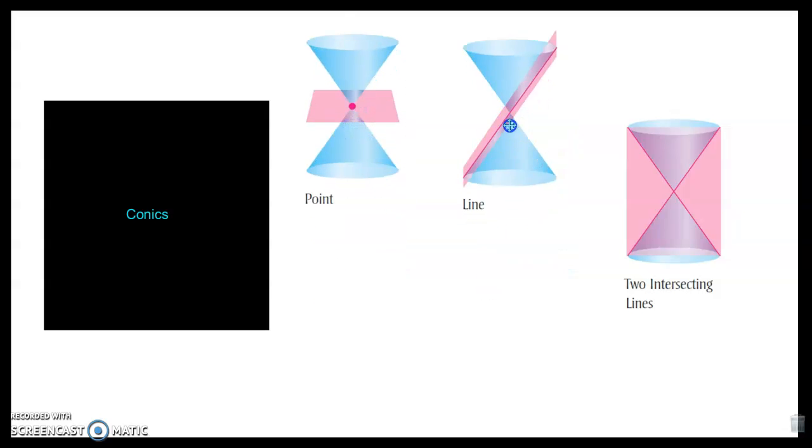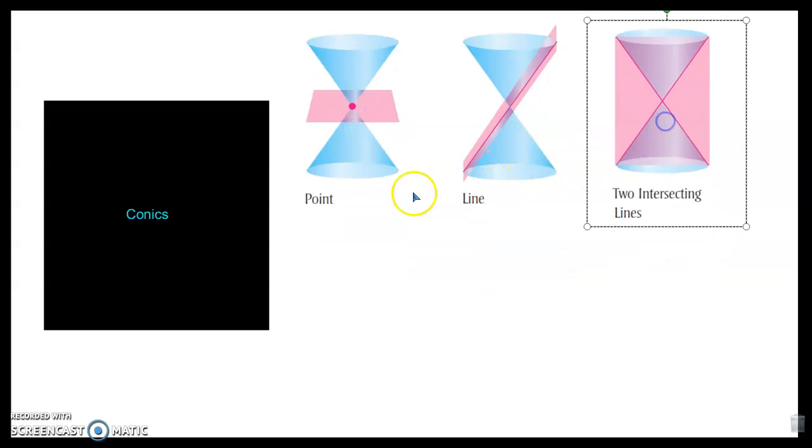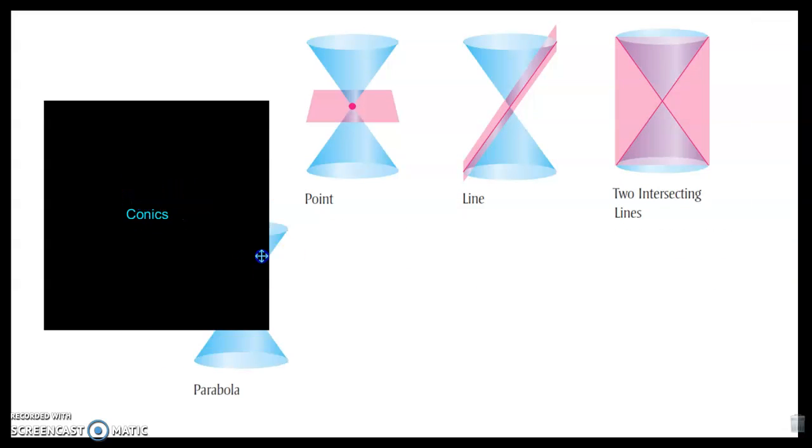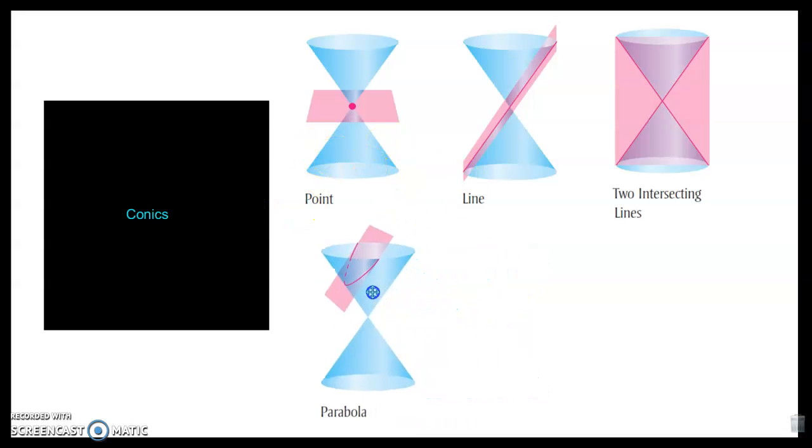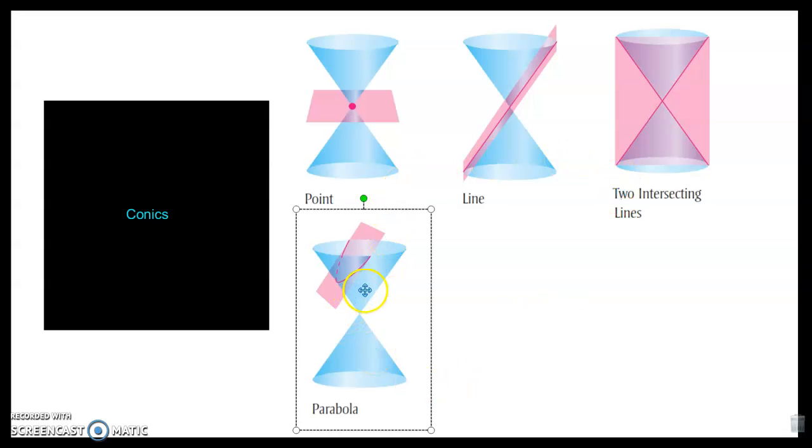So what we're going to be doing today is, if you have these two cones and a plane and you intersect the cones, we're going to be intersecting just one cone, and as you can see here, this dark line is the shape of our quadratic function, which we call a parabola. So this is the parabola. This is what we're going to be working on. You can imagine there are a few more cones that we're going to be dealing with, the ellipses and the hyperbolas, which I will show you in the next videos.